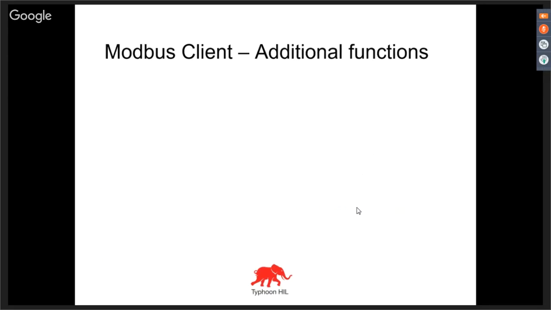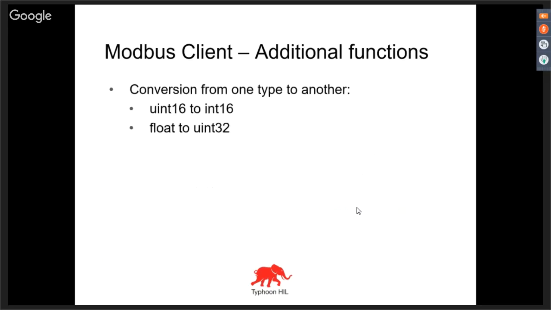Additional functions. These functions are basically helper functions that help you with conversions, like conversion from one type to another. For example, unsigned 16 to int16, or float to unsigned 32-bit values. And there are functions to convert to a list of values.